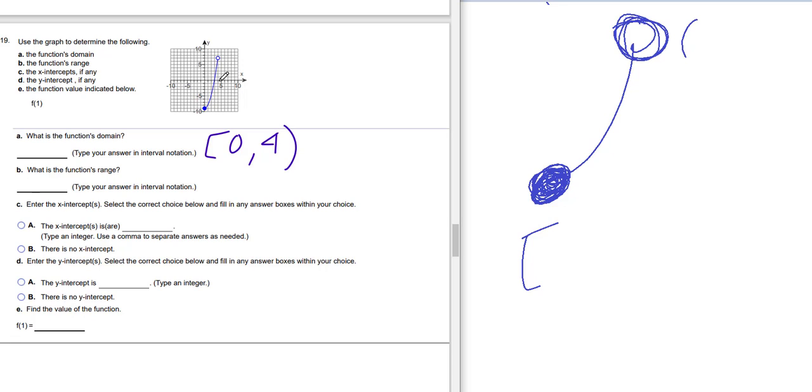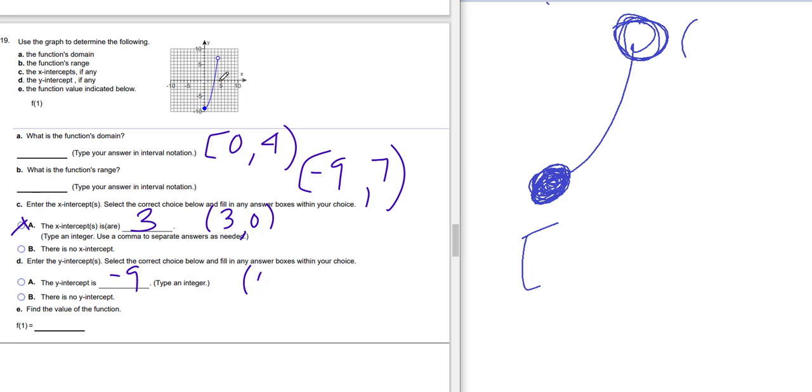The range is from bottom to top, smallest to largest. The range goes from negative 9 included all the way up to 7 not included. The x-intercept, where does it cross? It crosses at 3. You could write that as an ordered pair 3, 0, although that is not what MyMathLab is expecting you to do. The y-intercept is at negative 9.